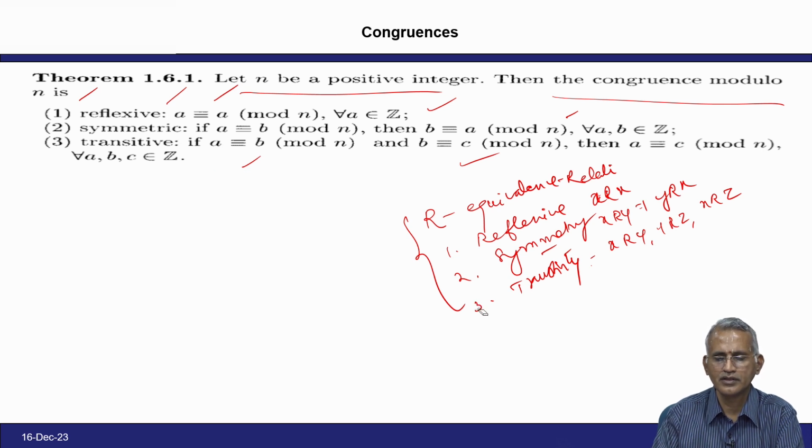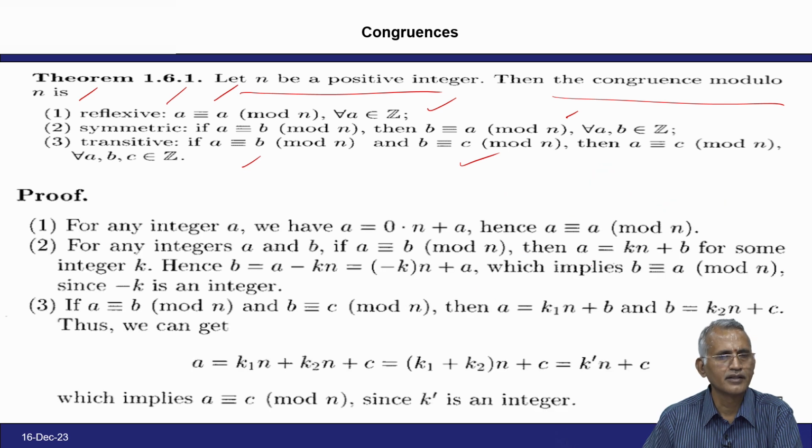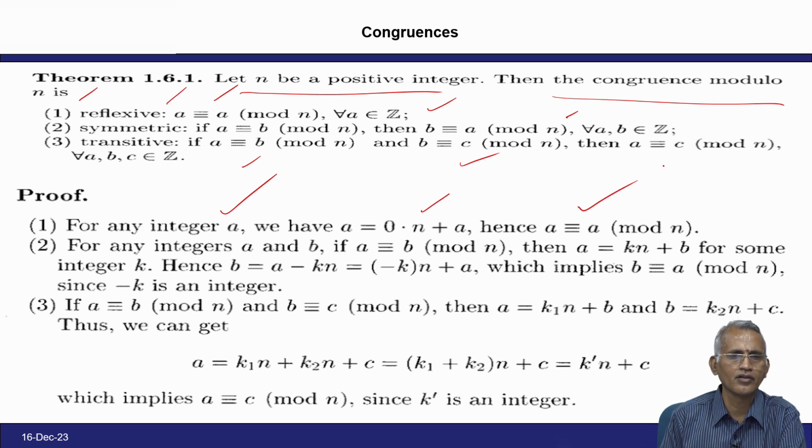Now, we are going to discuss it deeply. Keep this in mind, let us start with the proof. For any integer a, we have a = 0n + a, am I correct? So, 0n is 0, 0 plus a is a, therefore a is identically equal to a under modulo n.